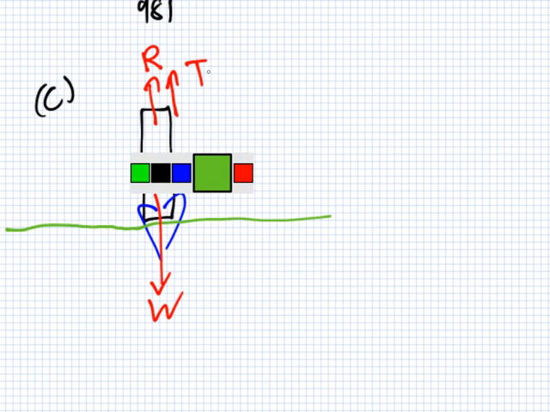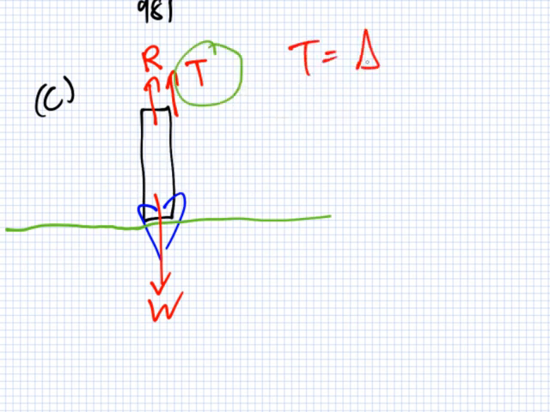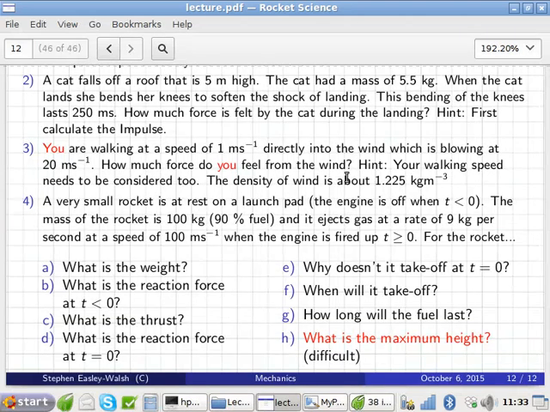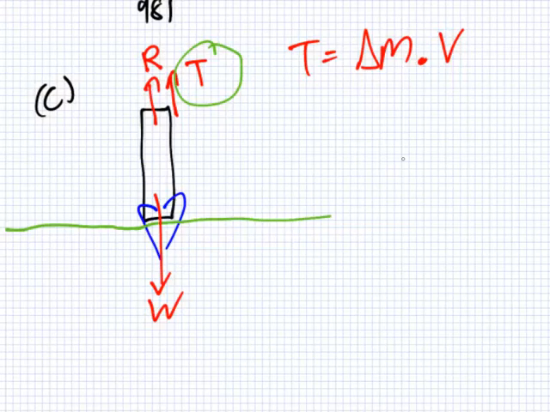But anyways, we just care about this part here. So we can use our formula mv, and if you look at the question, it is 9 kilograms per second at a speed of 100 meters per second.